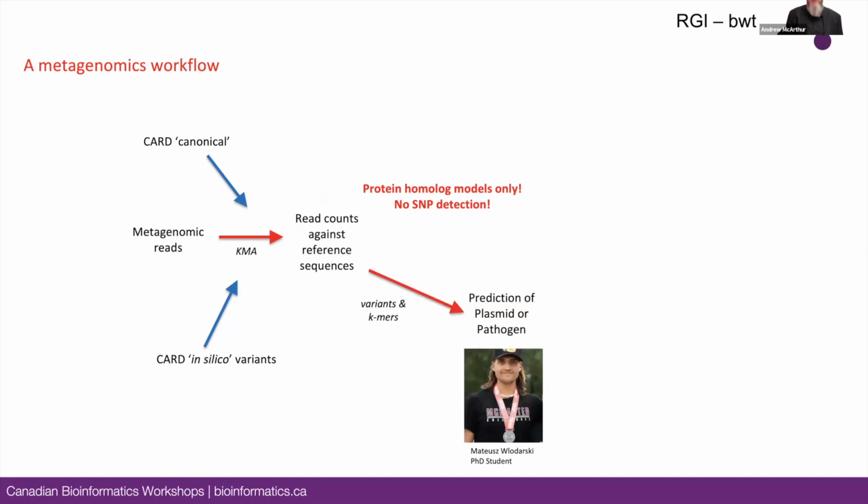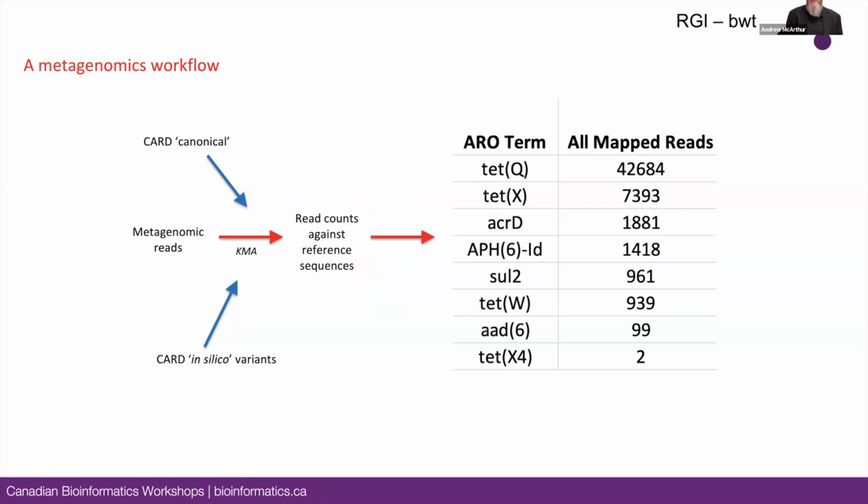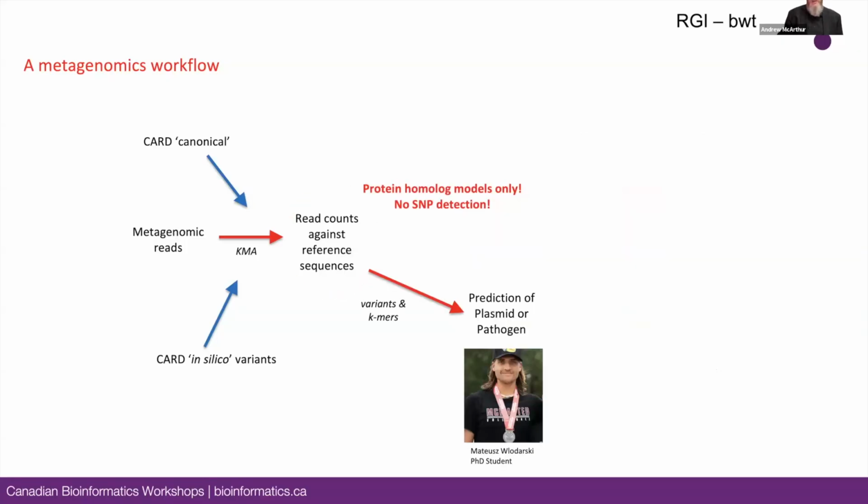This preprint came out from Mateus, wearing his medal. He was a varsity athlete. Once you find these genes, the question is, what pathogen? Is it E. coli? Is it Acinetobacter? Is it Pseudomonas? Using all those hundreds of thousands of variants, Mateus and an undergraduate built a k-mer tool looking for subsignals, saying, oh, this variant of TEM-1 is only found in E. coli, this variant of TEM-1 is only found in Pseudomonas, and did a prediction of pathogen of origin, or plasmid.